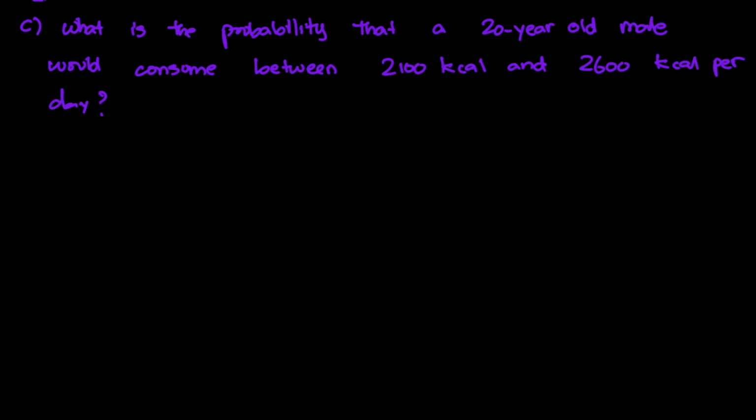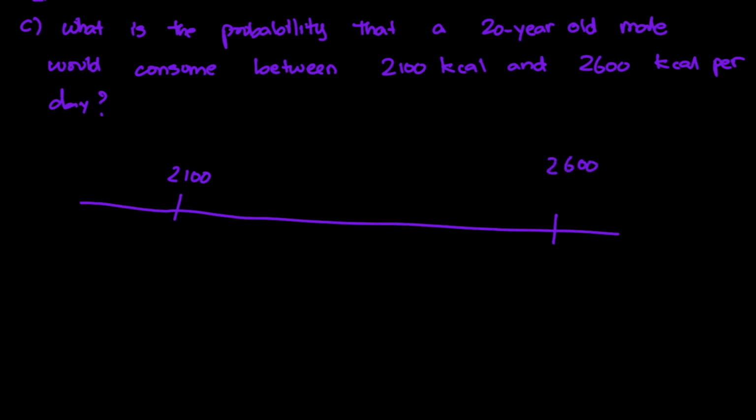First I need to know the probability that the 20-year-old male would consume at most 2100 kilocalories. So if you go back to our real number line, which I drew, 2100 is over here and 2600 is over there.